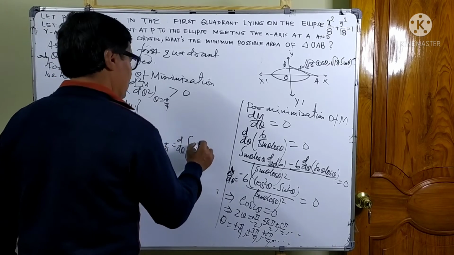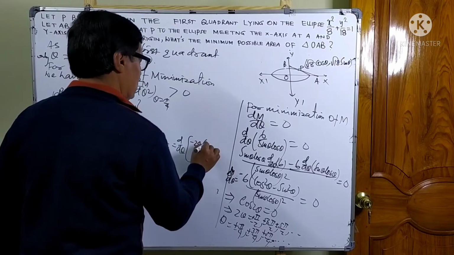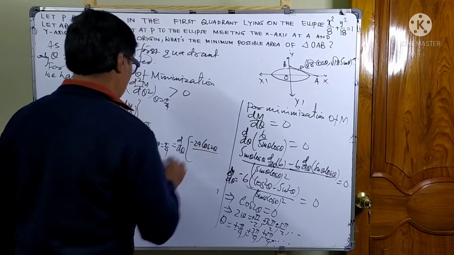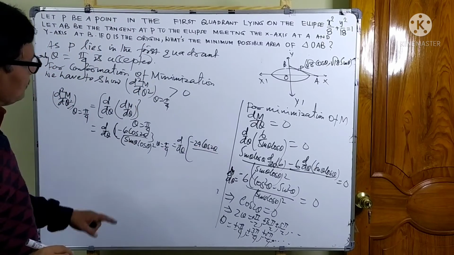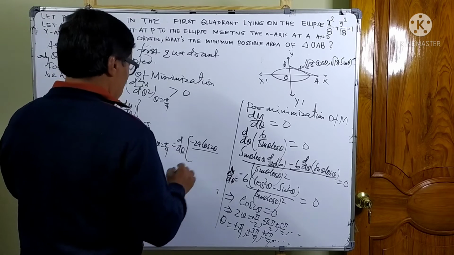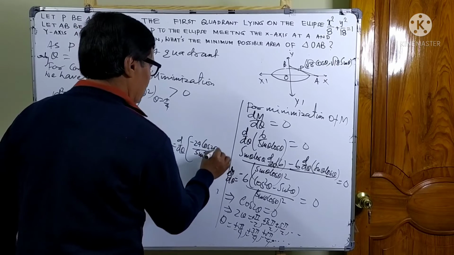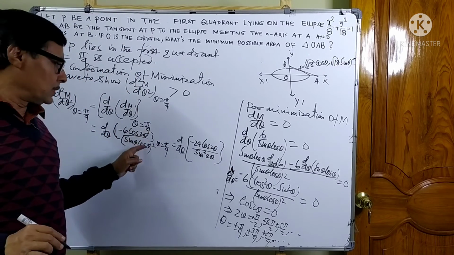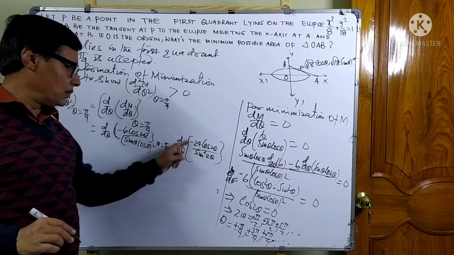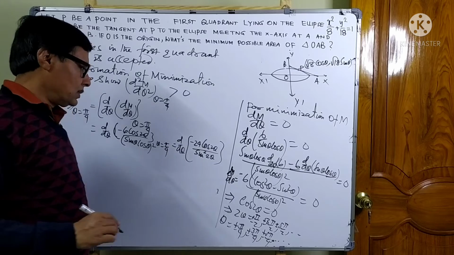So, we get minus 24 cos 2 theta over the denominator, which after multiplication becomes sin square 2 theta. We have multiplied both numerator and denominator by 4, and we have got this result, that is minus 24 cos 2 theta over sin square 2 theta.